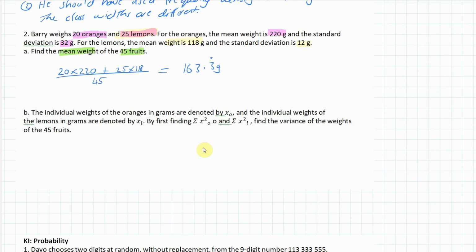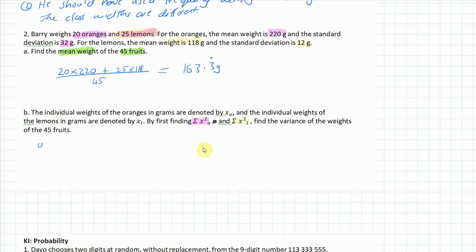Now in the second question here, we've got the individual weights denoted by x_O for orange and x_L for lemons, and we've got to find the sum of x squared O and the sum of x squared L. It looks like there's just an error here in my copy. And we've got to find the variance of the weights of the 45 fruits.